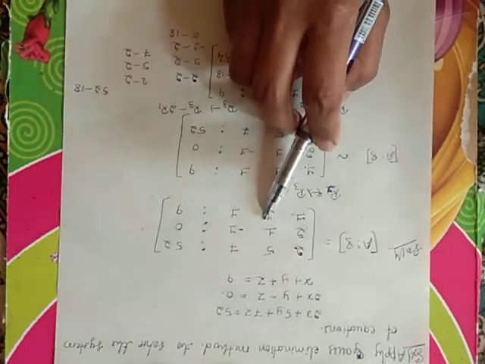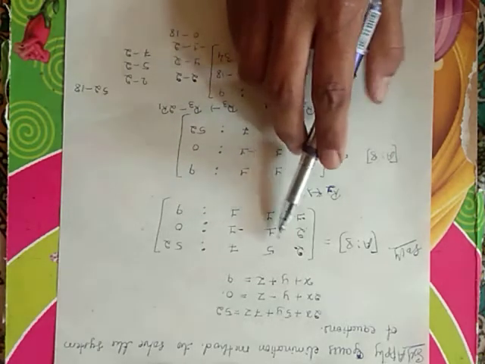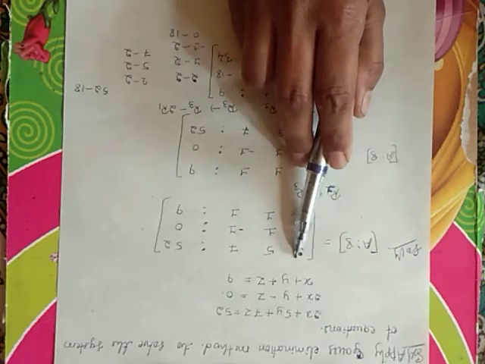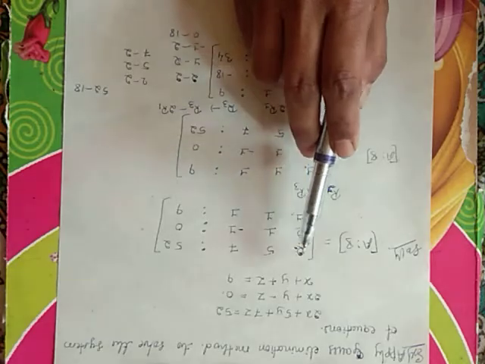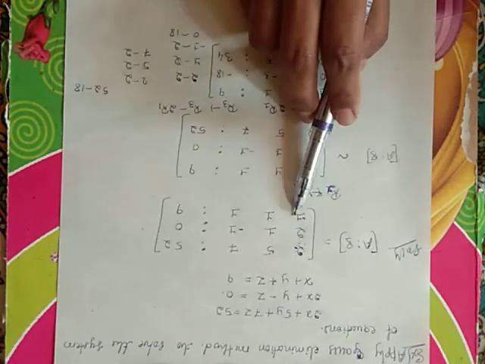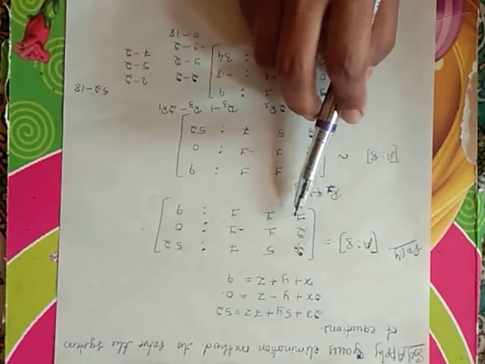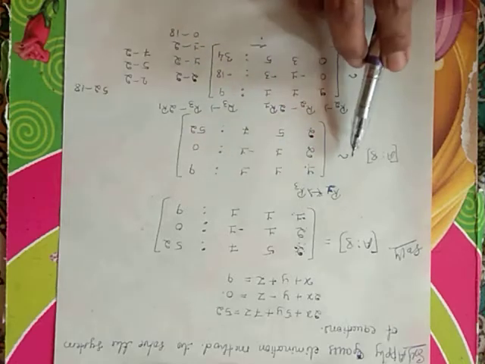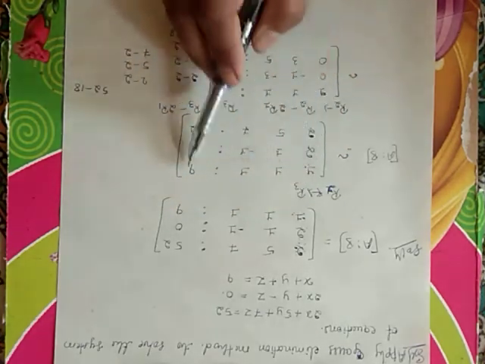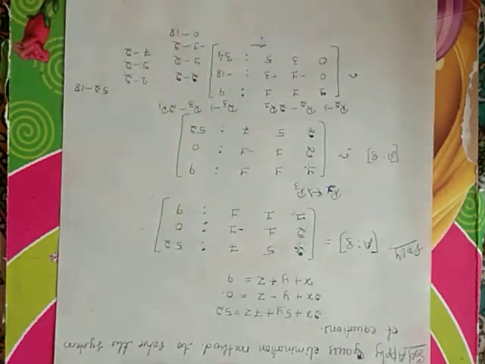First we write the augmented matrix. After writing the augmented matrix, for our convenience, I am going to convert the first element of the first row to 1. I am taking the interchange of R1 with R3. After the interchange of R1 with R3, the augmented matrix is written: the entire third row element goes in the first row, and the first row goes in the third.